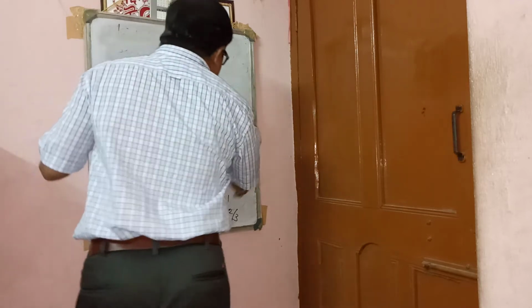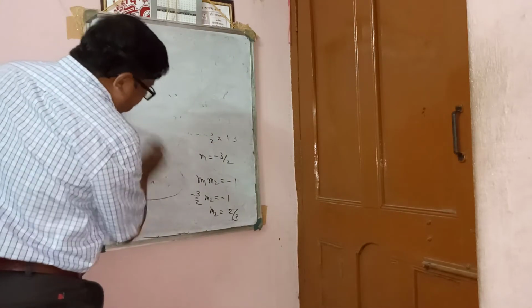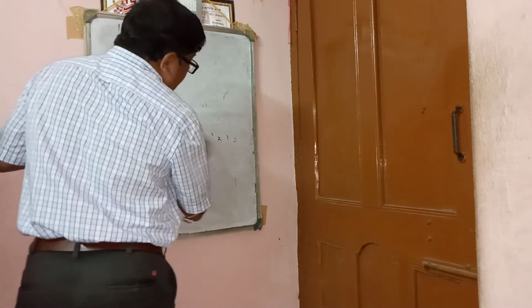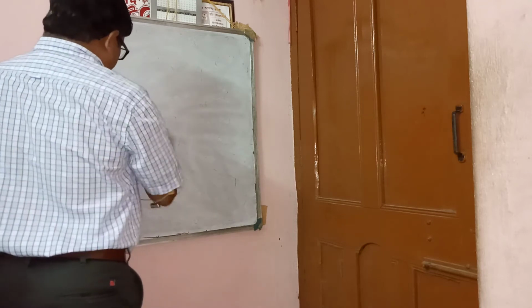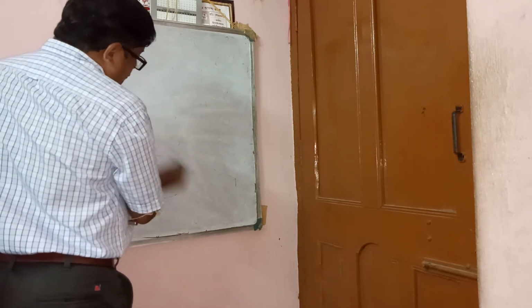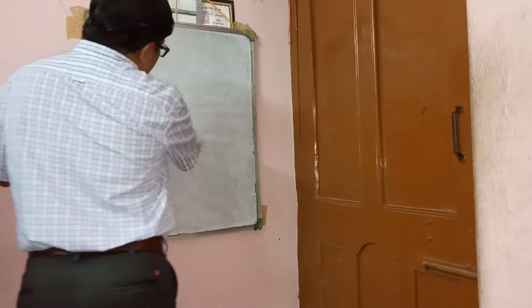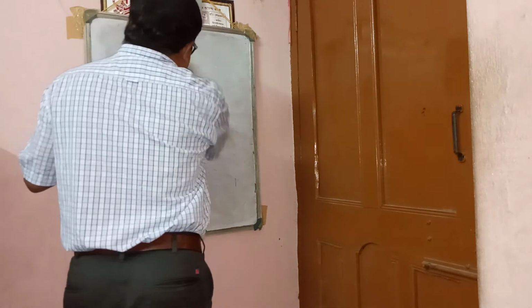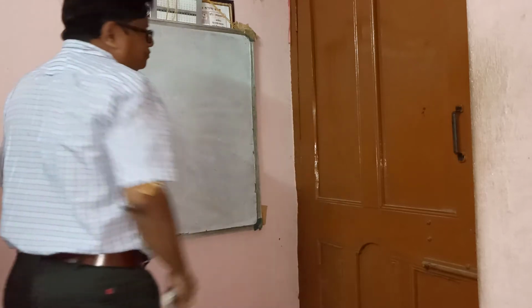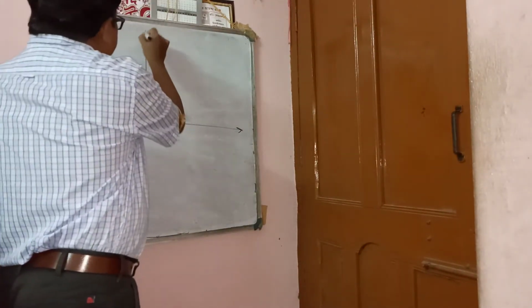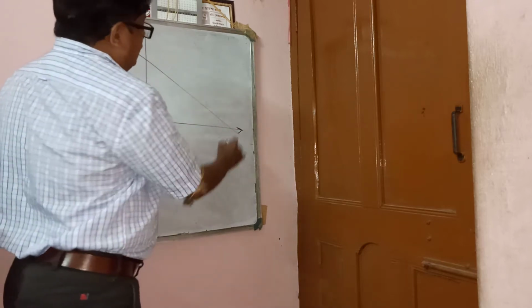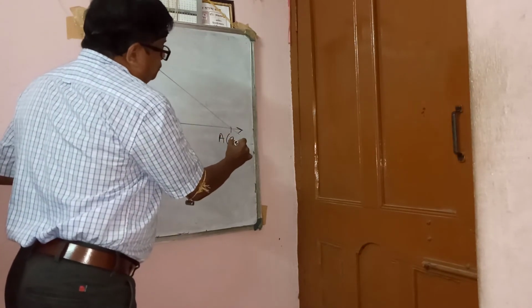a very important sum is on the straight line. See, a straight line intersects the x-axis at the point A, 0.